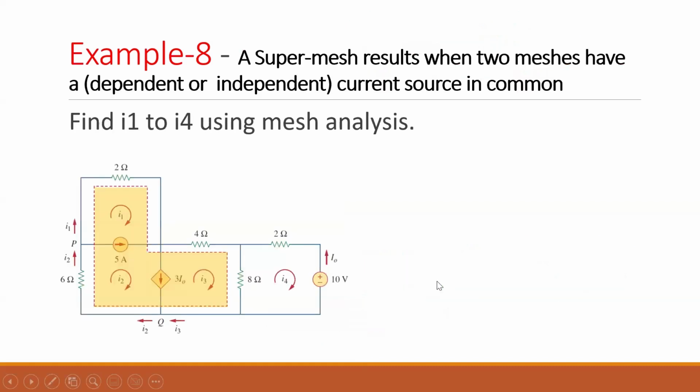Okay, so here you can see a current source shared by these two meshes and another current source shared by these two meshes. In that case, you need to consider these whole 3 meshes as a super mesh. Make sense?